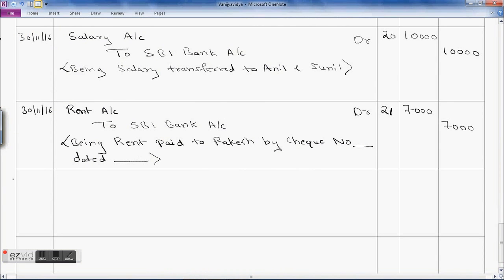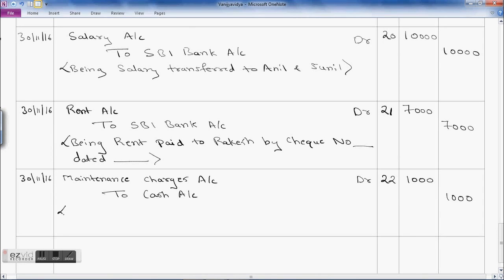Okay, now let's pass a journal entry. Maintenance charges account debit 1000 to cash account 1000. Transaction number is 22.